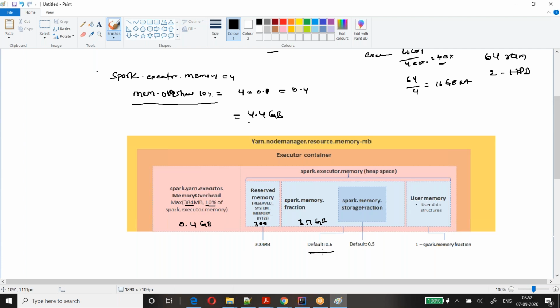And storage fraction is 0.5. Ideally I'll put it this way, 50-50 will be allocated. 50% for execution, 50% for storage.